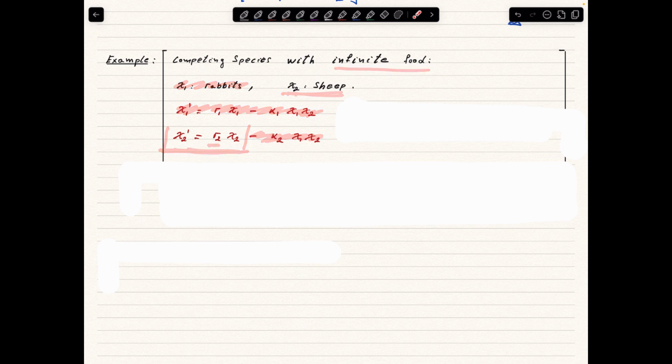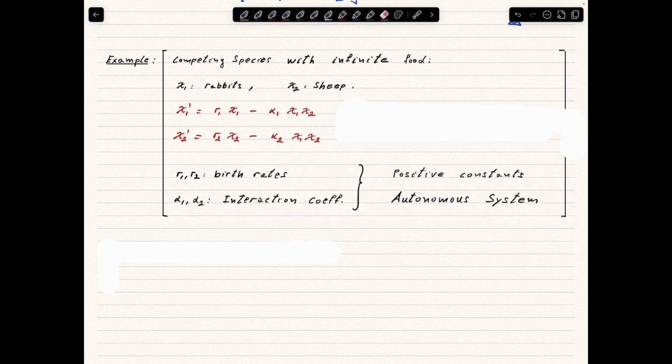So when we have both populations, then we have these two terms, but now the populations are competing for the same food resources, so we add a negative term. Again, the birth rates and the interaction coefficients are all positive constants. So we introduce negative terms with the product of the two populations, x1 and x2.